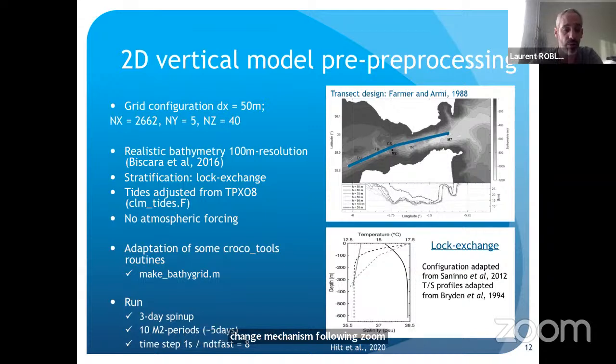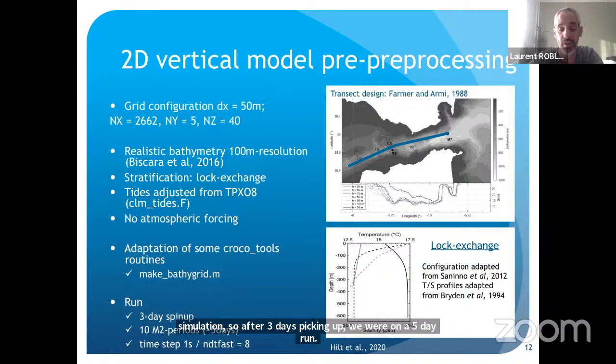Tides are adjusted directly in the Fortran file, CLM tides, to feed values from the TPXO 8 atlas. Last point, there is no atmospheric forcing in this simulation. After a 3-day spin up, we run a 5-day run with 1 second time step for the slow mode and 1/8 second time step for the fast mode.